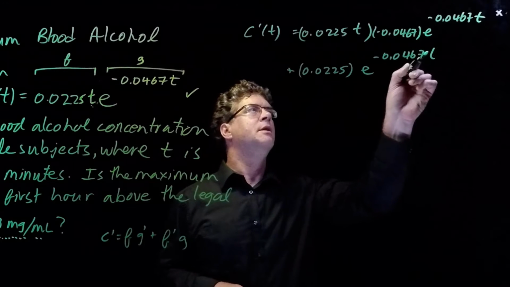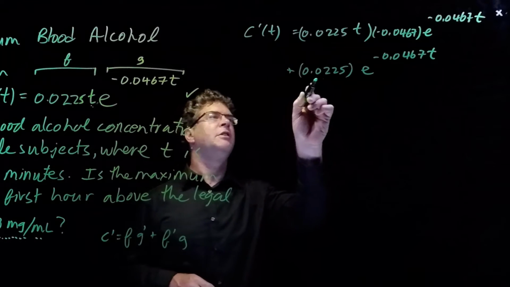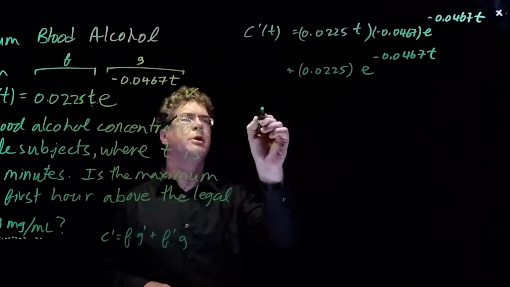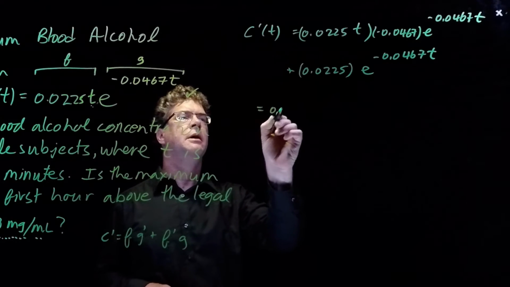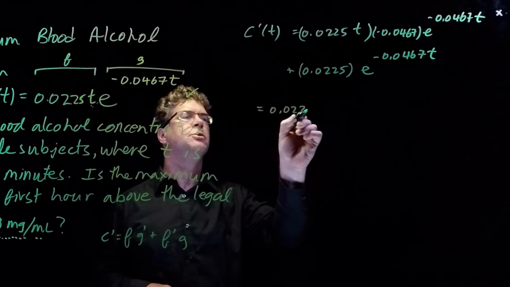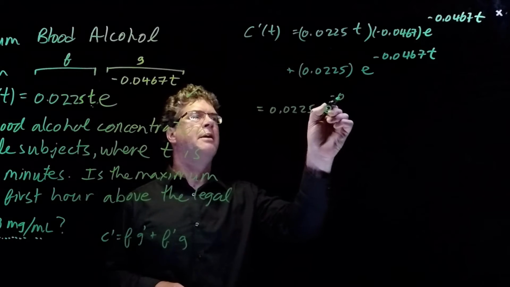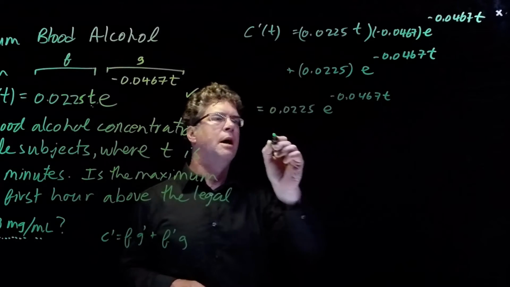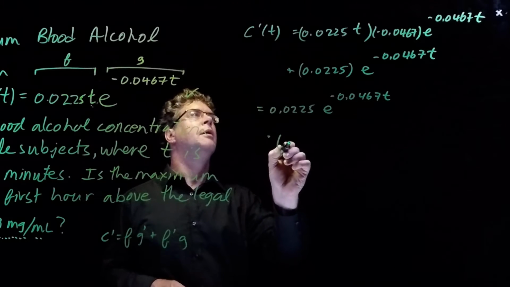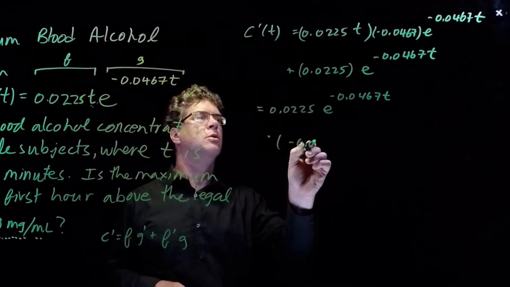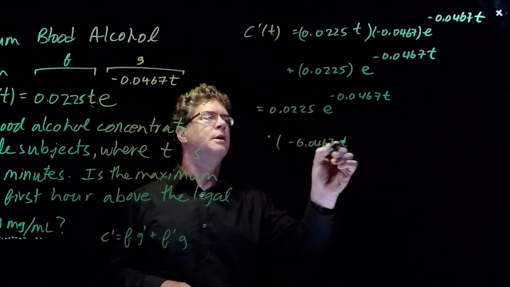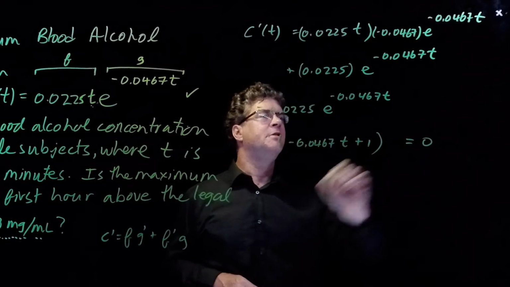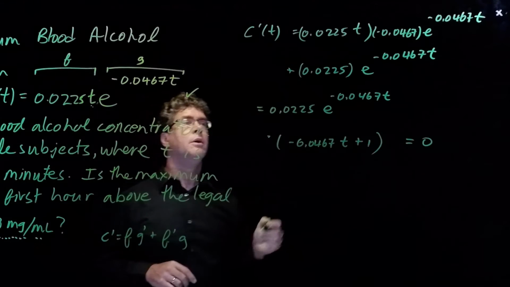And you'll notice these two are found in the last term and also in the first term, so we can pull out a common factor and write it as 0.225 e to the minus 0.0467 t times minus 0.0467 t plus 1. And we want to set that to be equal to 0 to find a critical number.